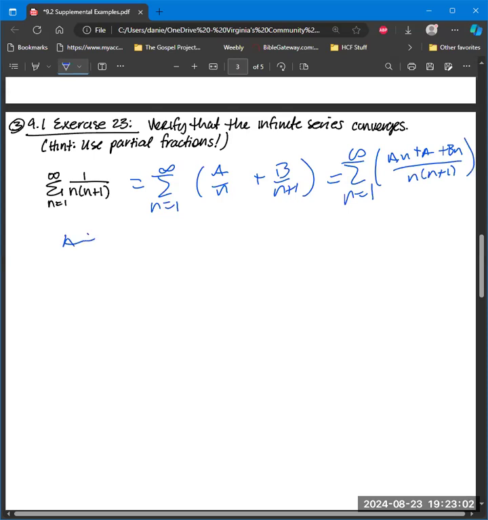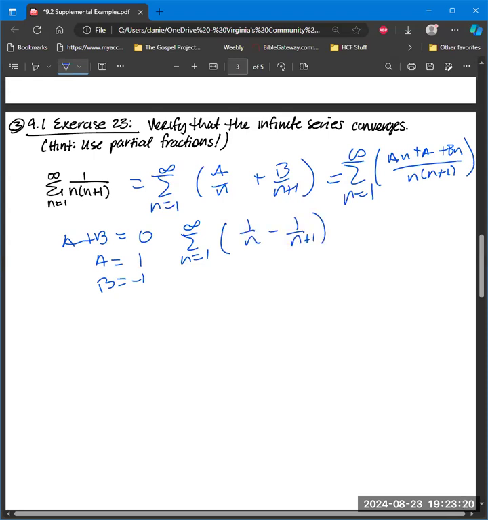So A plus B, the n parts, need to equal 0, and A, the constant part, needs to equal 1. That means B needs to be negative 1, making this the sum from n equals 1 to infinity of 1 over n minus 1 over n plus 1.